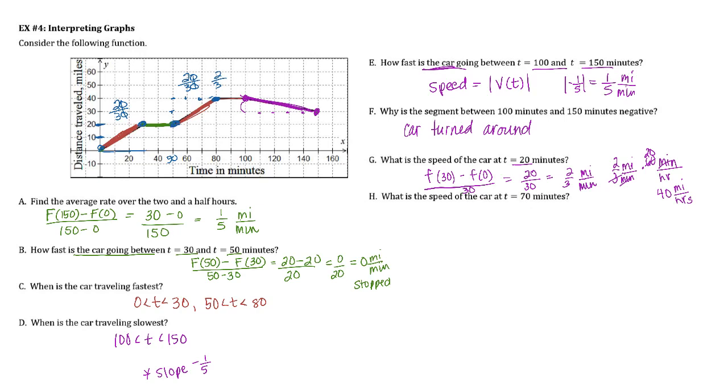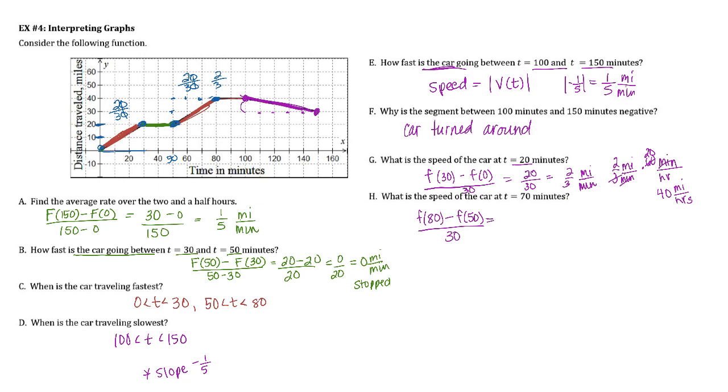And we're going to repeat the same process for H. We're looking at 70 minutes. So speed of the car at 70 minutes, we need to do F at 80. Well, it'd be great if I put a 0 there on 80. Minus F at 50 over 80 minus 50.